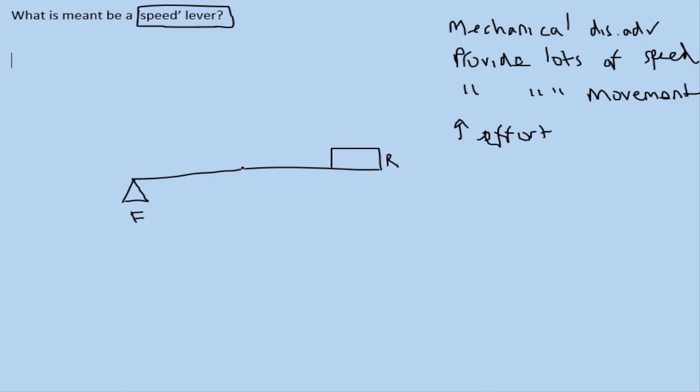What we're actually going to do is look to provide the effort there. Now if you take a step back, this is a little bit like a catapult. If we can get this arm flying across here, you can see the different movement it has. It has a massive range of movement, and if we can create that force, it's going to fling this brick a heck of a mile away. That's the difference between a speed lever and a power lever.